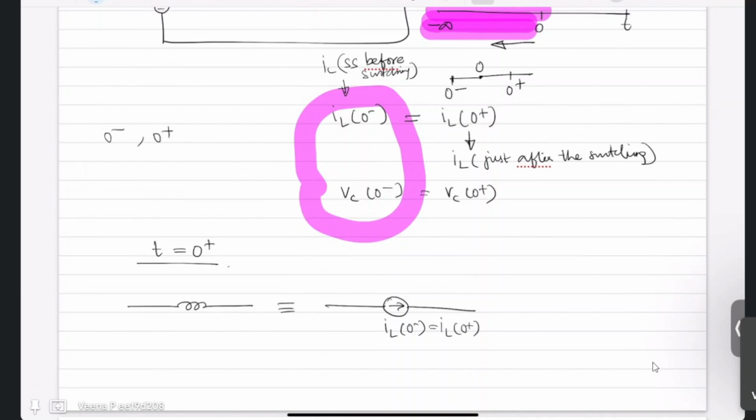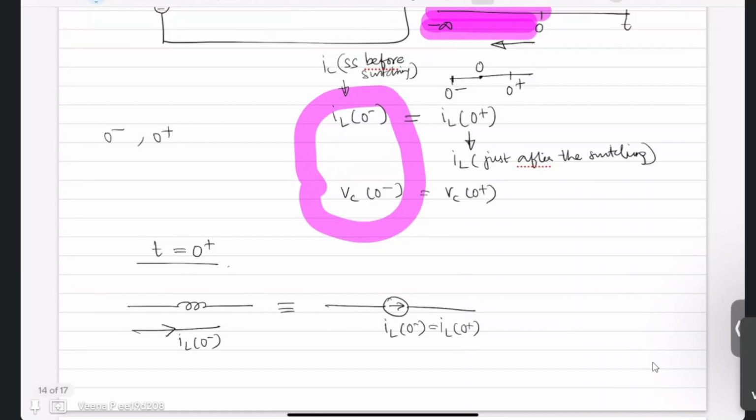As I've said before, the inductor would have already obtained steady state. That means it is already acting as a short circuit in the previous case. And that short circuit will be carrying some current. That current is your IL of 0 minus. Now at 0 plus second, when you draw the equivalent circuit, you can replace the inductor with a current source, which is having the initial value condition of your inductor.